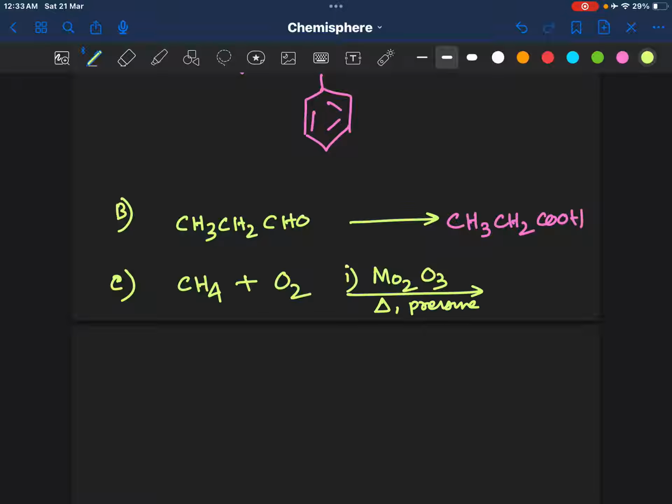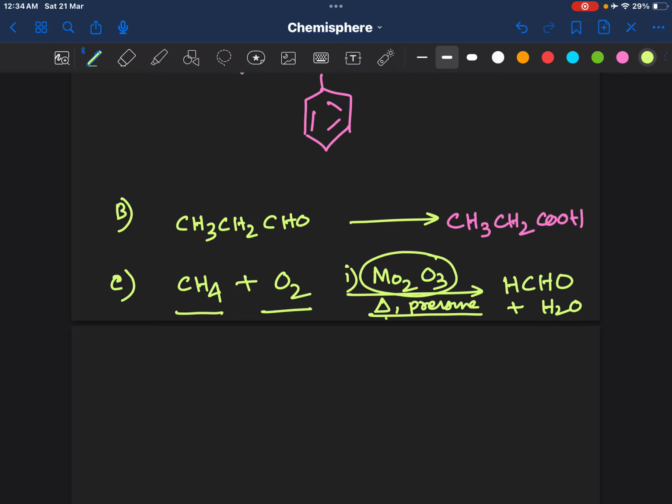From the chapter hydrocarbons we know that whenever we take a mixture of methane and oxygen at high pressure and heat with molybdenum oxide, we get the corresponding aldehyde having one carbon atom, which is methanal, HCHO, and also water as the side product.